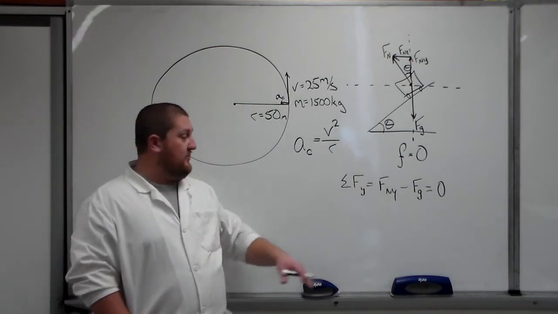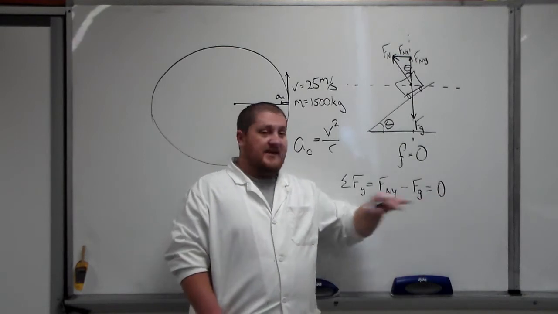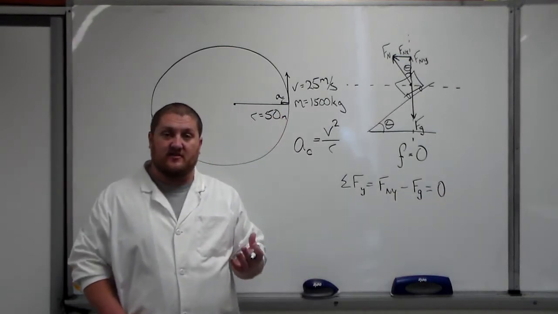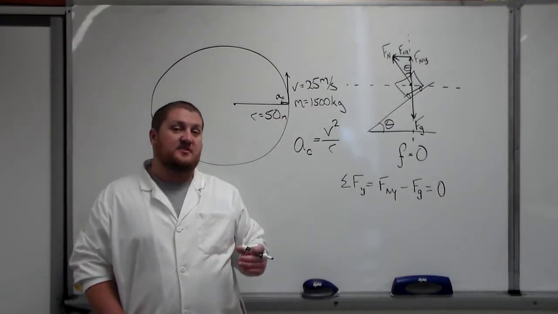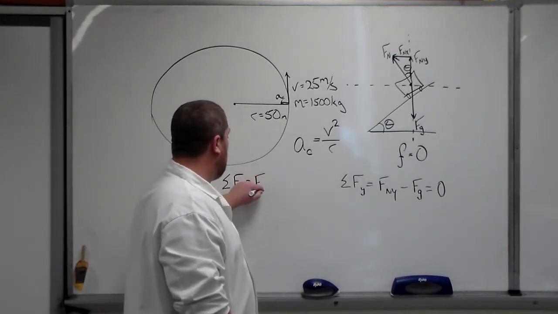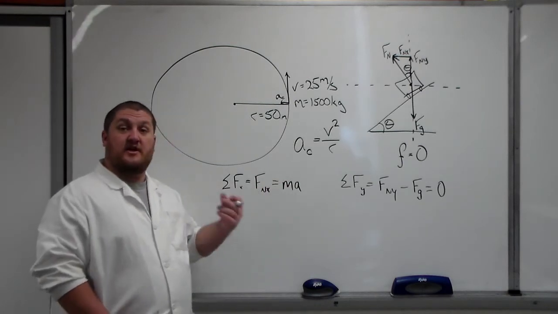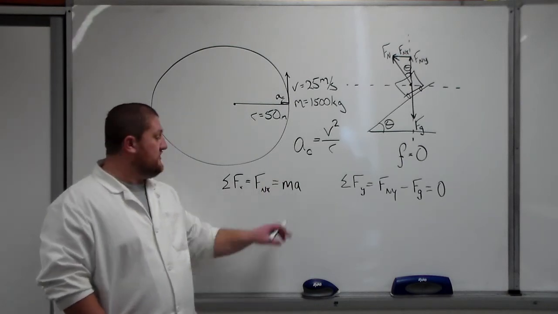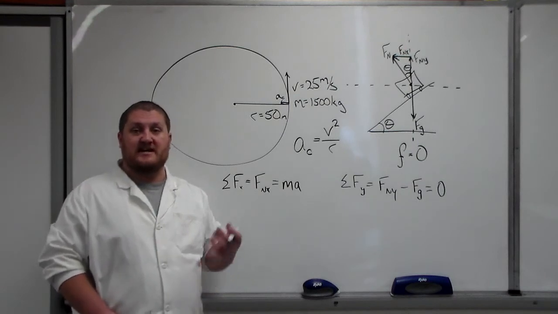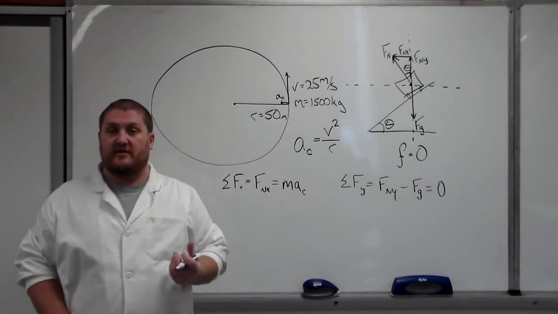So in the y direction, I have the normal force in the y direction minus the weight of the car, and that's equal to 0 because it's not accelerating. In the x direction, I only have the x component of the normal force, and that's equal to m times a. And I know that my a is going to be my centripetal acceleration.